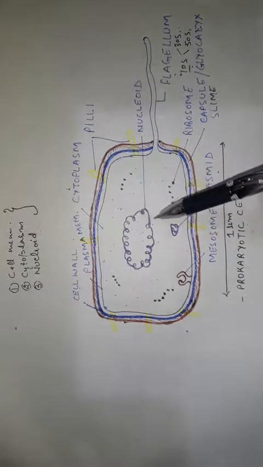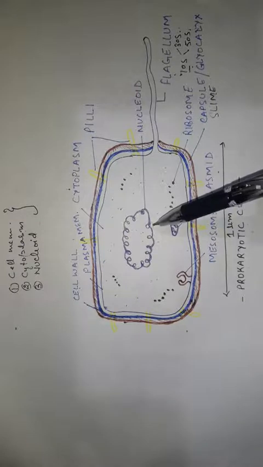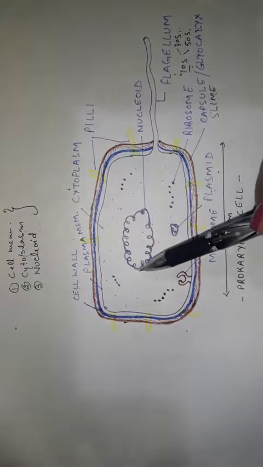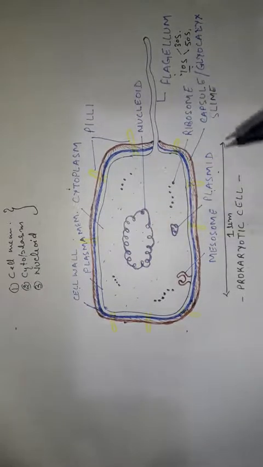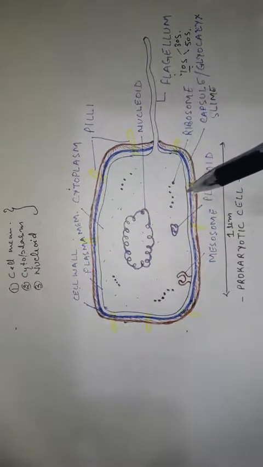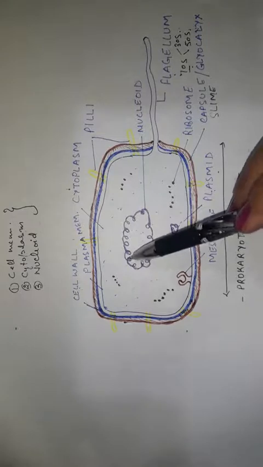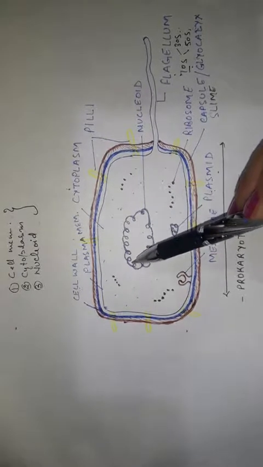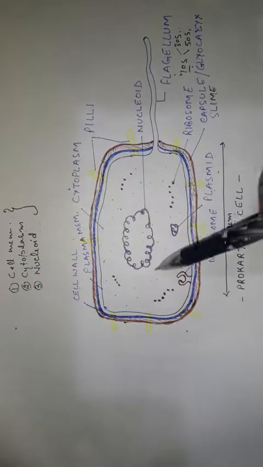This incipient nucleus or ill-defined nucleus is actually a single circular chromosome. Single circular chromosome is the characteristic feature of the bacterial or prokaryotic cell. As you can see, this single circular chromosome or single circular DNA is not delimited by any membrane.